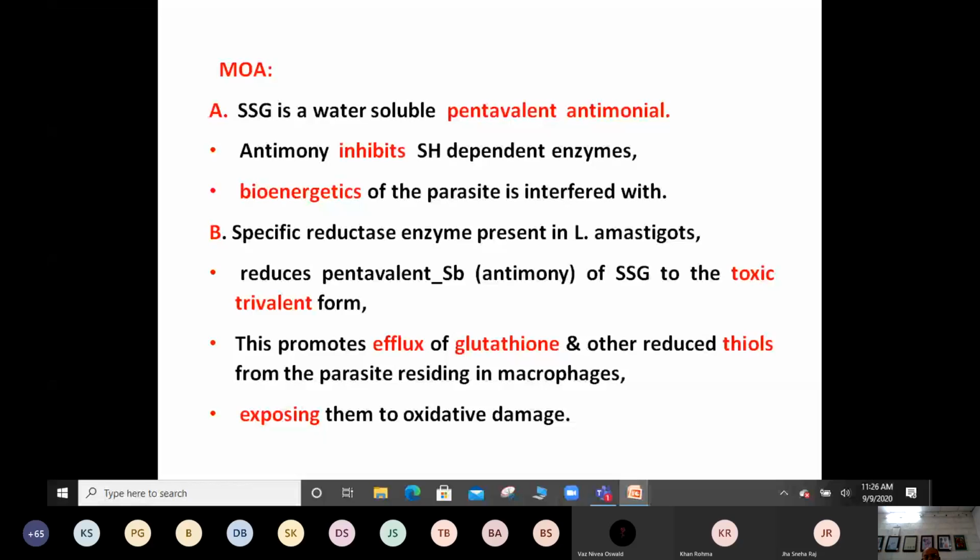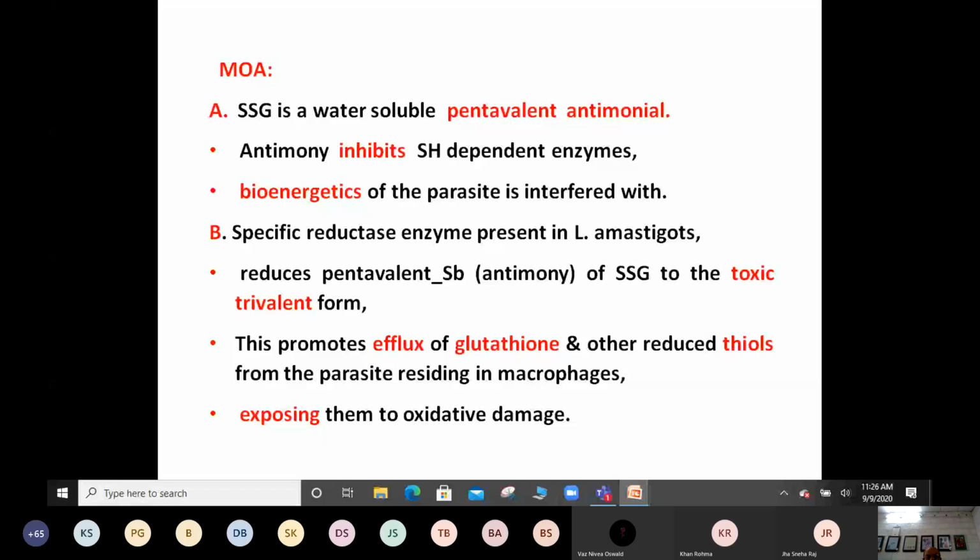So the pentavalent form is reduced to the trivalent form. This trivalent form is toxic. It promotes efflux of glutathione and other thiols from the parasites residing in macrophages.